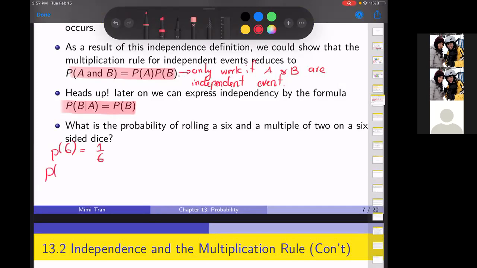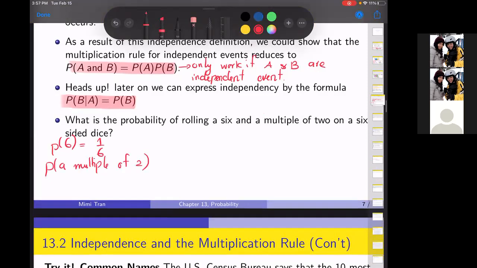What about P of a multiple of 2? What does multiple of 2 mean? You have a die with sides 1, 2, 3, 4, 5, and 6. What are the numbers that are multiples of 2?